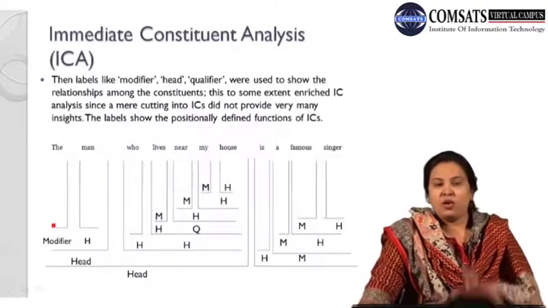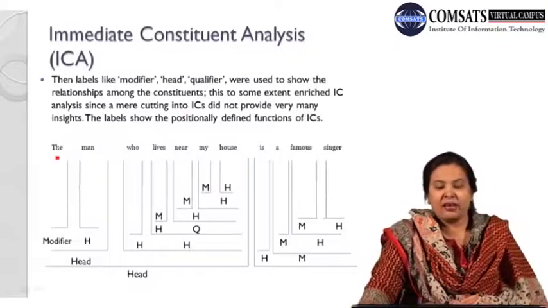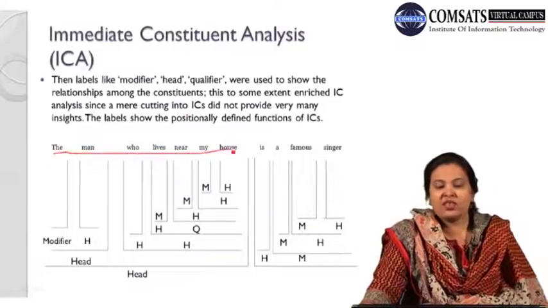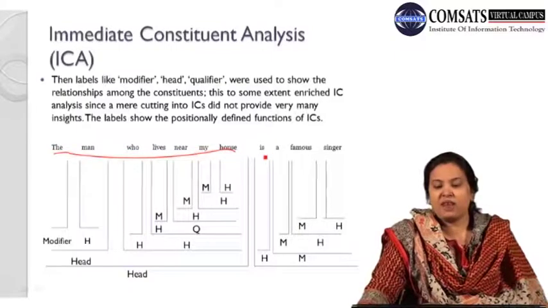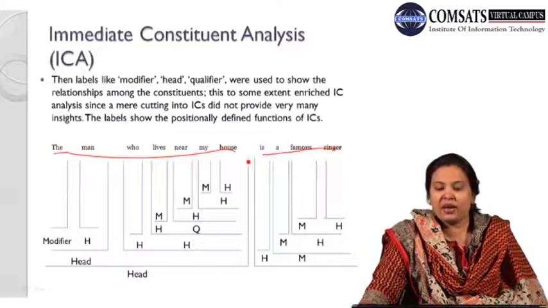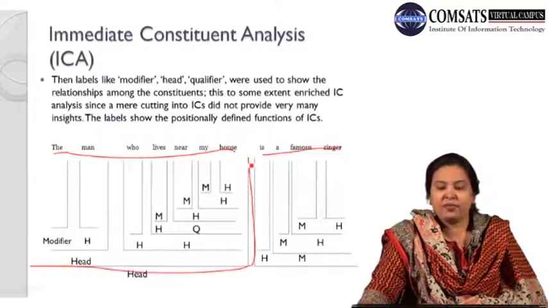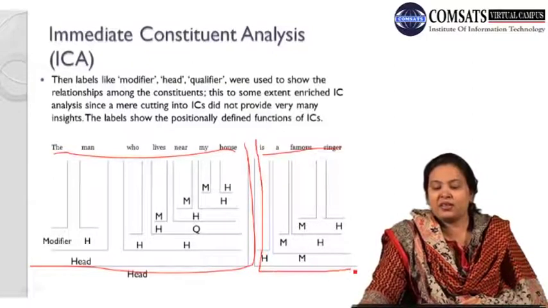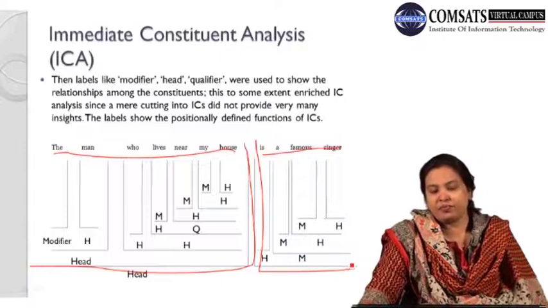Now look at the sentence and keep on dividing. The man who lives near my house is a famous singer. Subject, predicate. The subject over here is labeled as head. So this is the very first level. This is the head, and this part is the modifier, the second part.